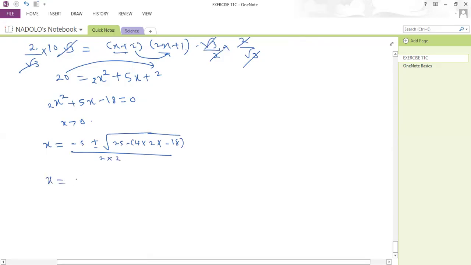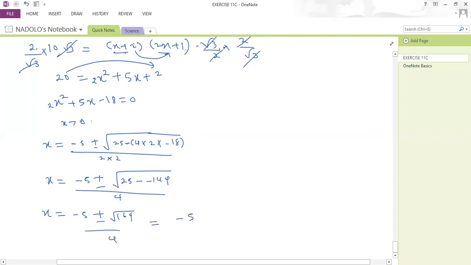So x here will be minus 5 plus or minus square root of 25 minus 4 times 2, which is 8, times negative 18, which is negative 144. So inside the bracket we'll have 25 minus negative 144, divided by 2 times 2, which is 4. So x is minus 5 plus or minus square root of 169, divided by 4.